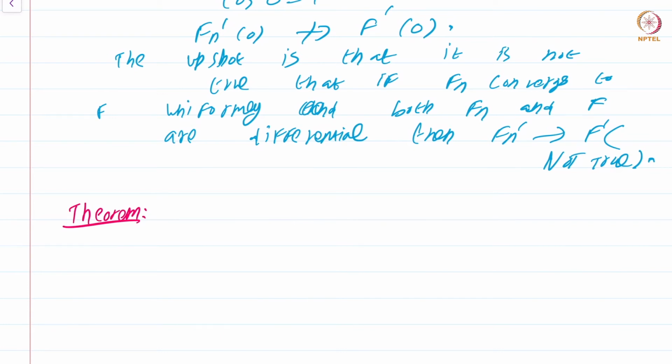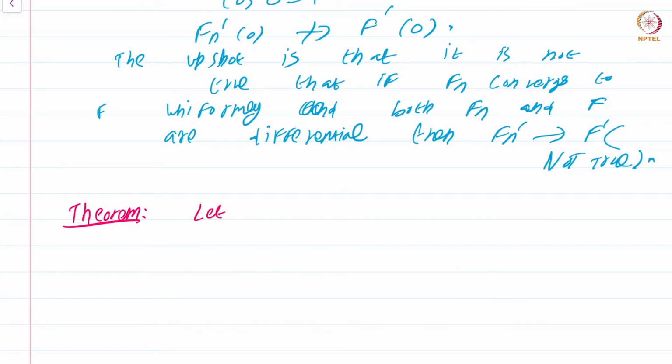In the exercises, you will be asked to show that a particular sequence of functions converges to the modulus function, the absolute value function, which we all know is not differentiable at the origin. So uniform convergence does not even guarantee that the derivative of the limit function exists, even if the derivatives of all the fn's exist. So the next theorem is the behavior of uniform convergence under differentiation.